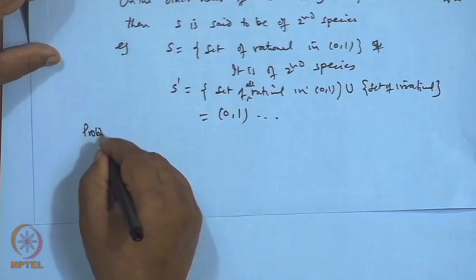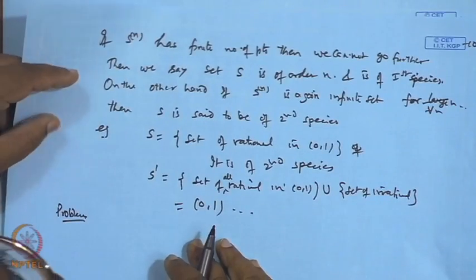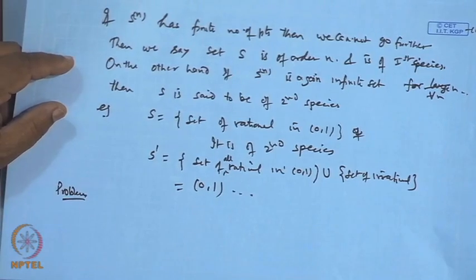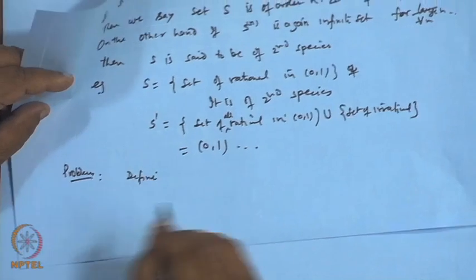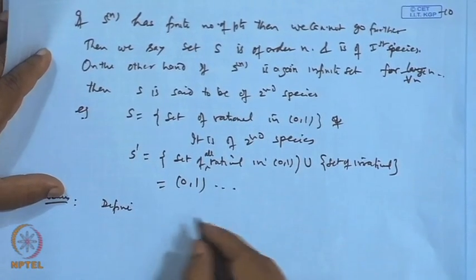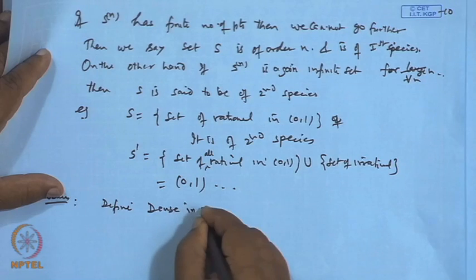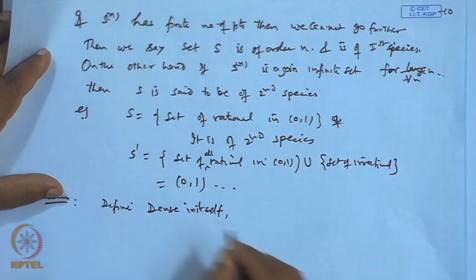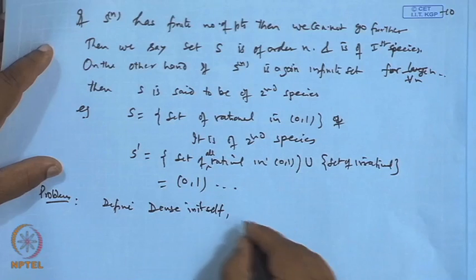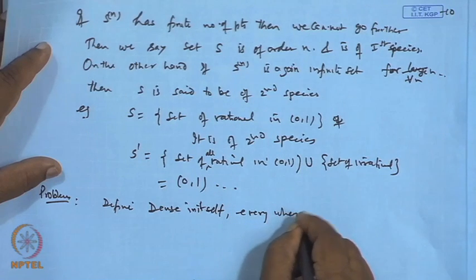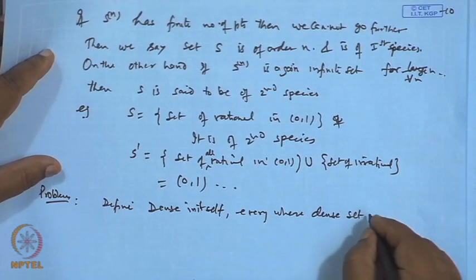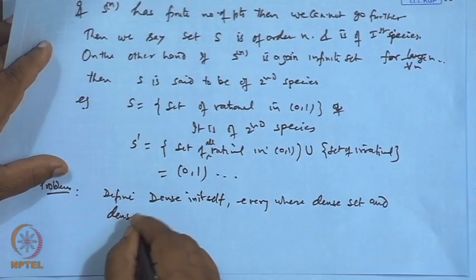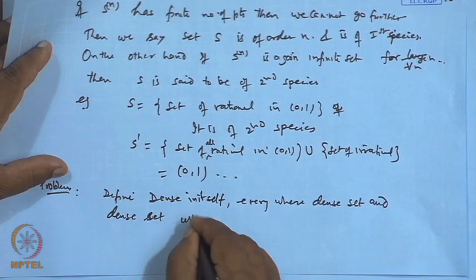Now, the next problem. The set of rational numbers, which we have shown, is of second species. Okay. Then define dense in itself, everywhere dense set, and dense set, with examples.